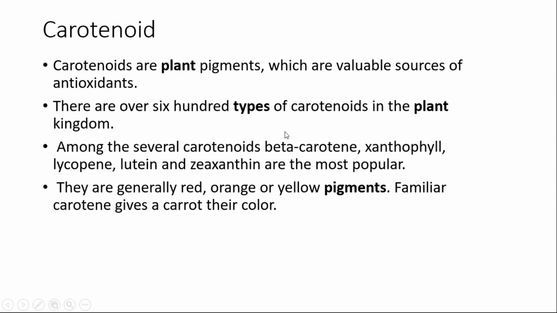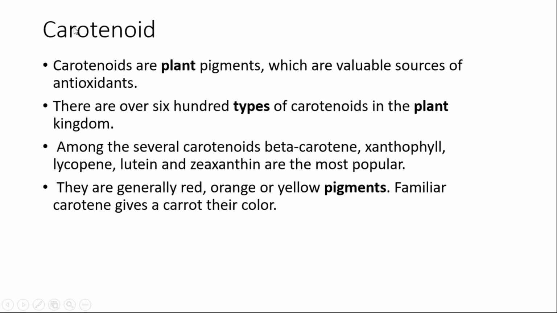The carotenoids of importance are beta carotene, which is known as provitamin A, xanthophyll, lycopene in tomato, lutein and zeaxanthin, which are very popular. Lutein is especially given for age-related macular diseases of the eye, especially due to glaucoma or diabetes mellitus.